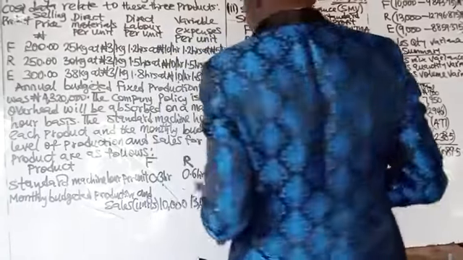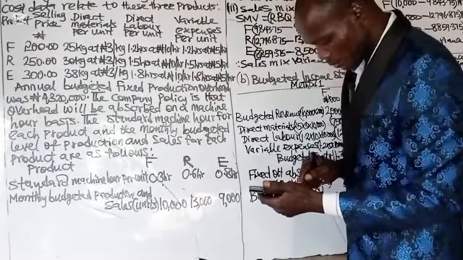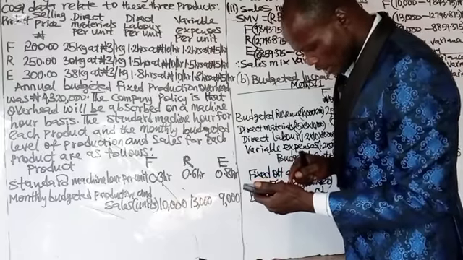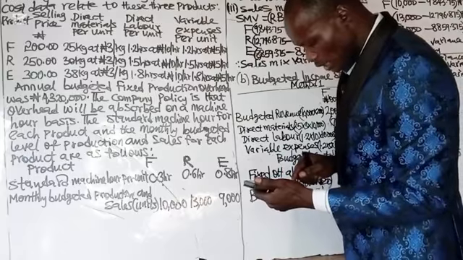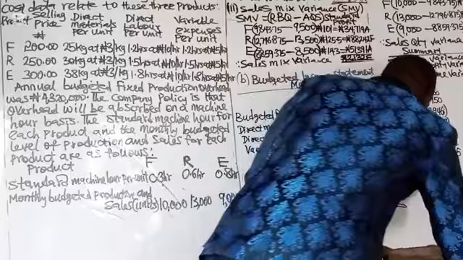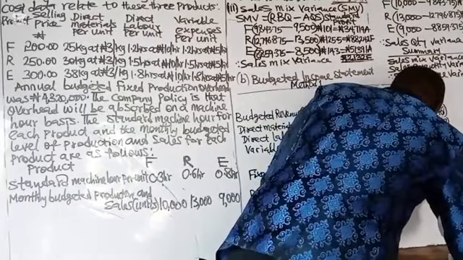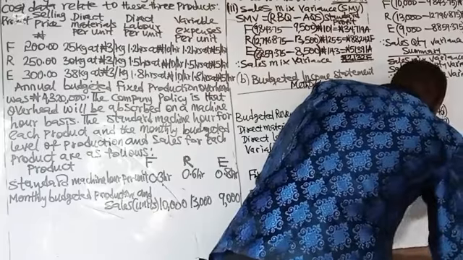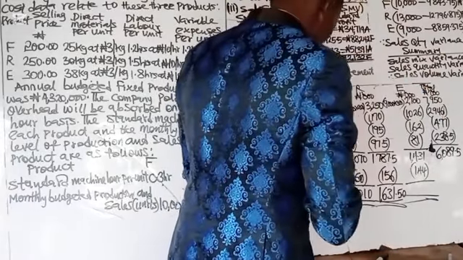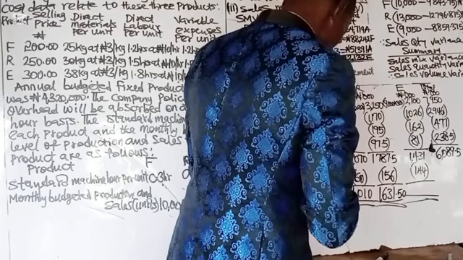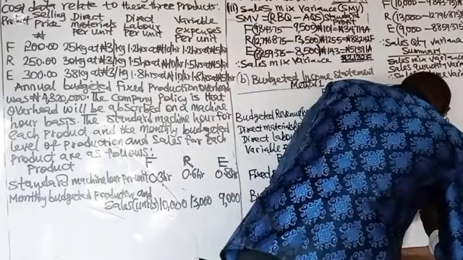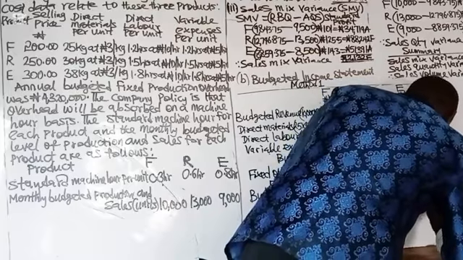For E, 0.8 times 9,000 times the overhead absorption rate of 20 naira. So you'll be left with 144,000. If you subtract 144,000 from 1,431,000, you'll be left with 1,287,000.